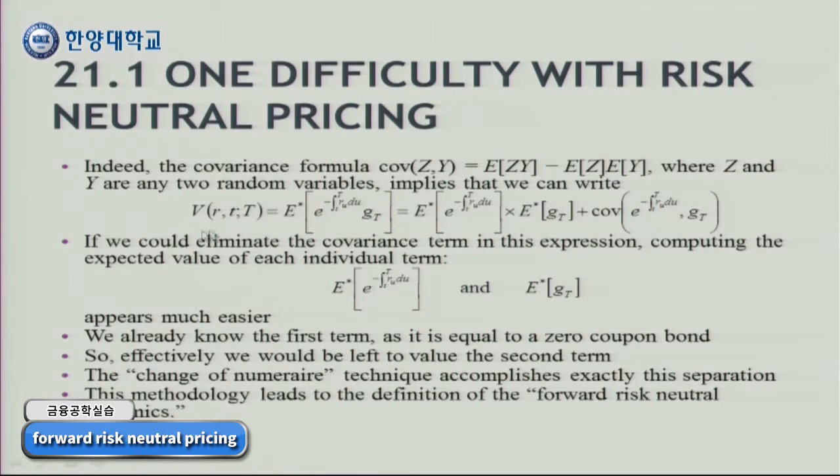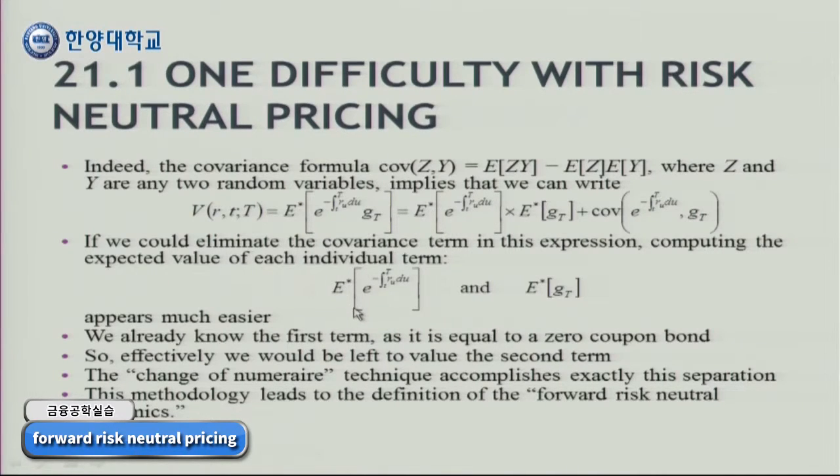If we could eliminate the covariance term in this expression, computing the expected value of each individual term, this one and this one, is much easier. We can calculate them separately and plug in and we get the answer. But because of this one, we have to calculate correlation. Moreover, we already know this one. Actually, we don't have to get the value of this one because we already know this one.